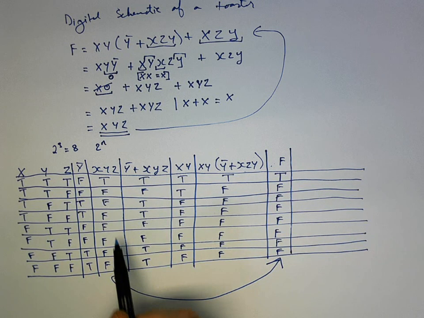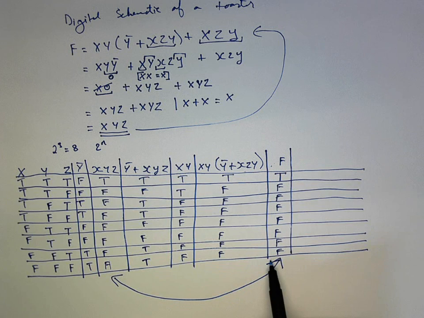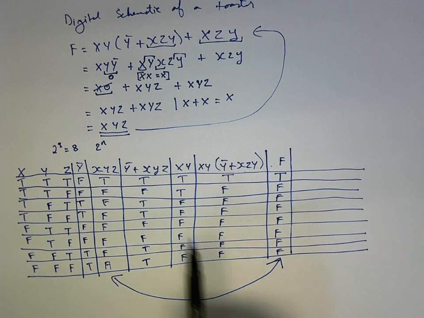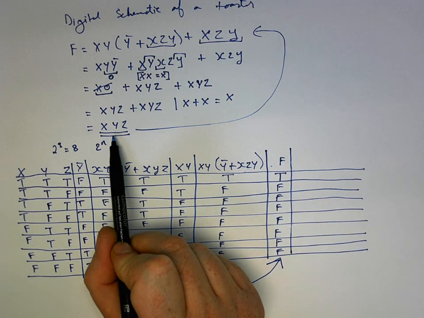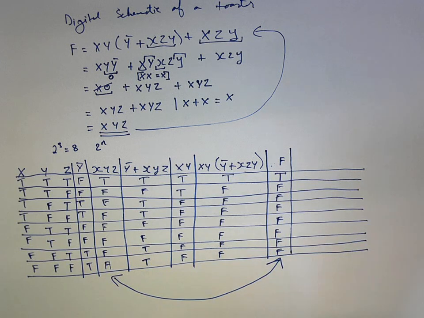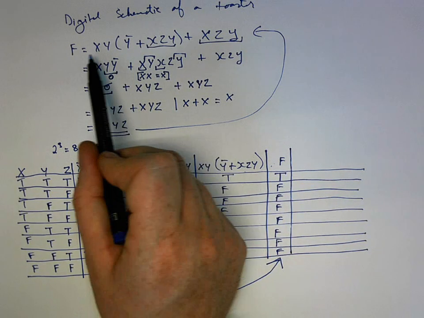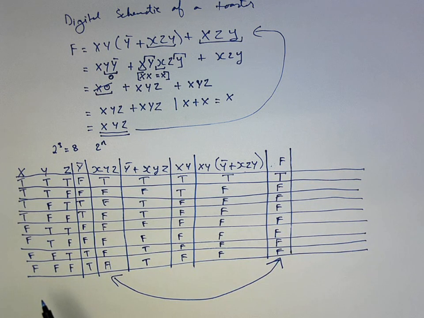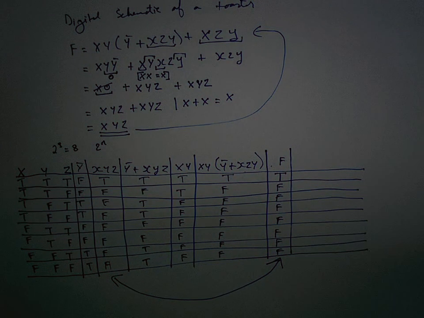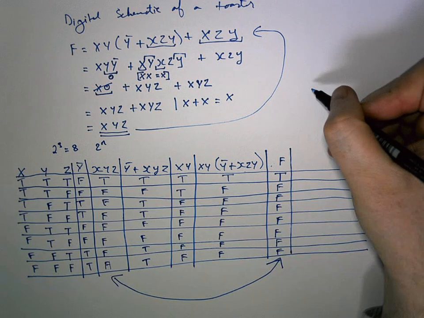In other words, the truth tables are identical, which means that this reduced component that we got by reducing using Boolean algebra is equivalent to the initial expression associated with the digital toaster. And because these are true, we're all finished. We draw a little happy face.